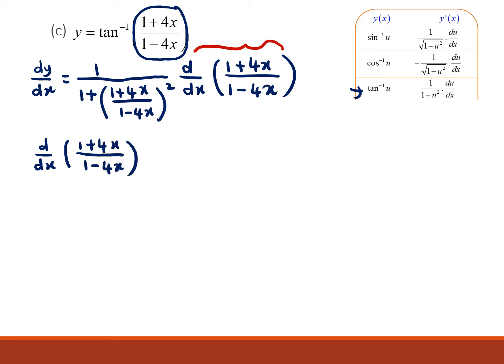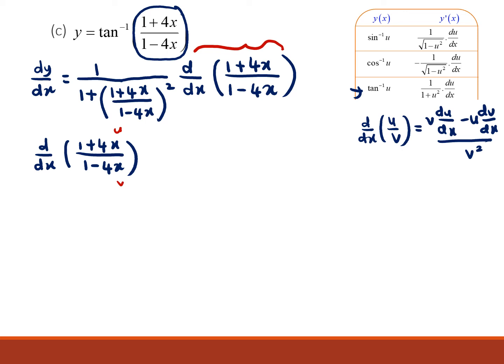If you still remember, for the quotient rule, the formula would be d over dx of u over v equals v du over dx minus u dv over dx, over v squared. So our numerator will always be u, and the denominator will always be v.